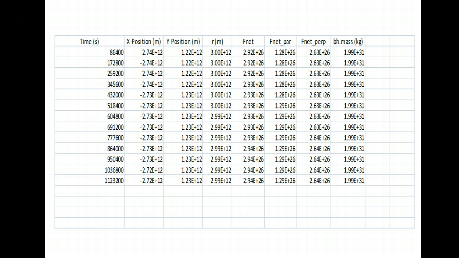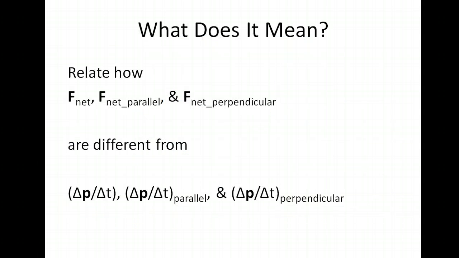The CSV file is imported into a spreadsheet, and we see that that result is consistent throughout the run of the Python code. What does it mean? Relate how F net parallel and perpendicular are different from delta P over delta T and delta P over delta T parallel and perpendicular.